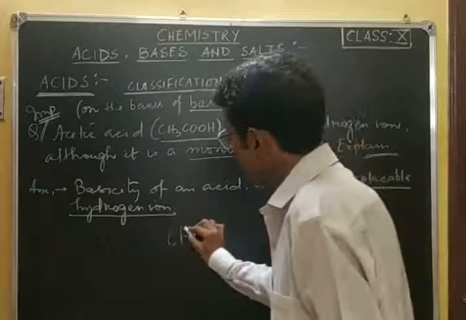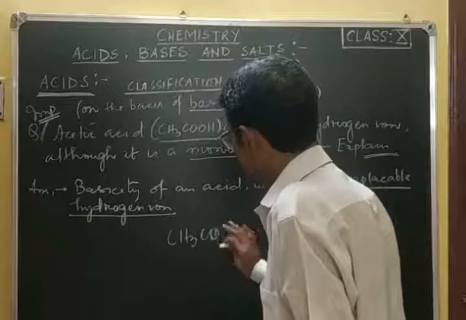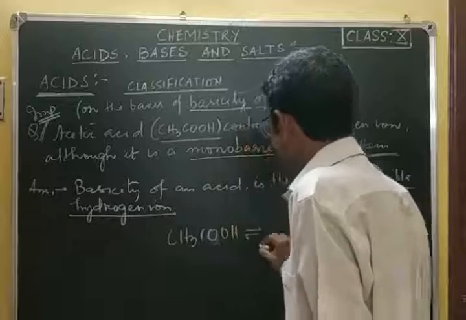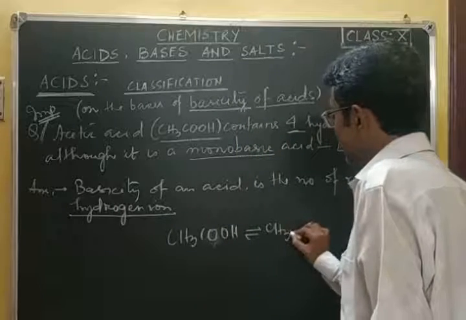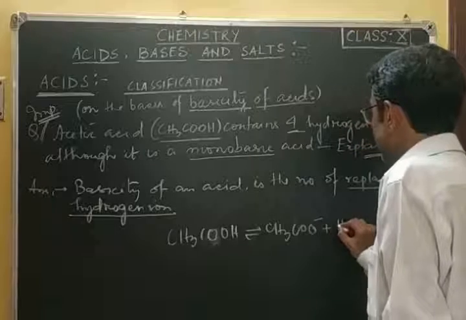So the dissociation of CH3COOH is CH3COO minus plus H plus.